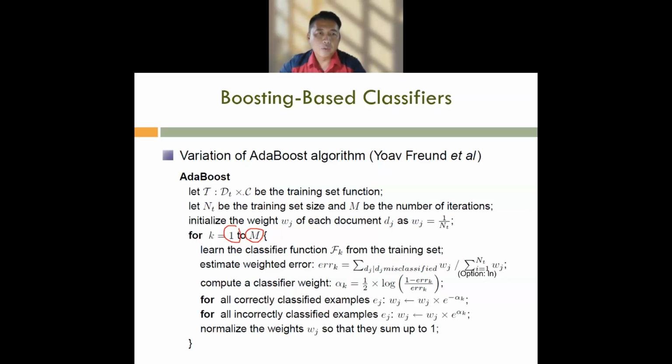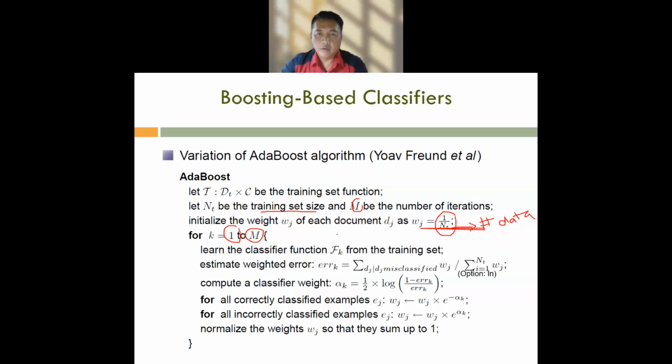The initial weightage will be 1 over nt, where nt refers to the number of training set size, the number of data that you have. And the m here refers to the number of iterations, how many models you want to go through, 3 or 4 models.